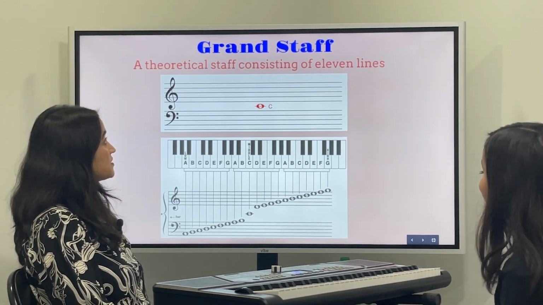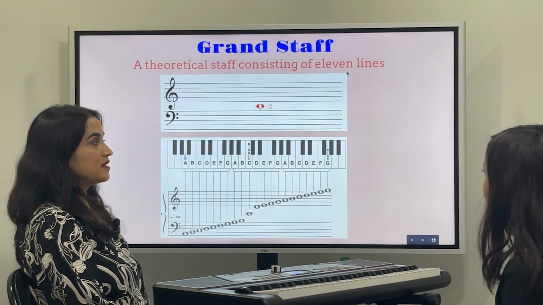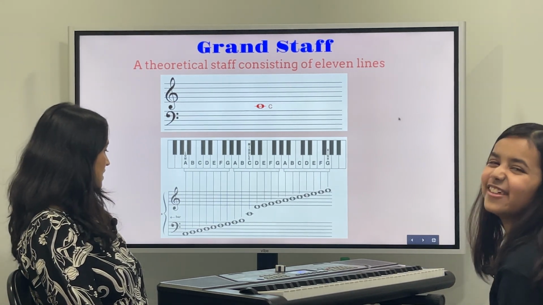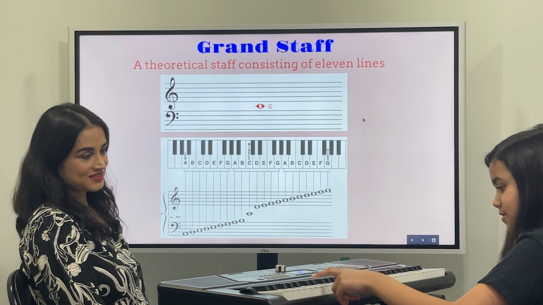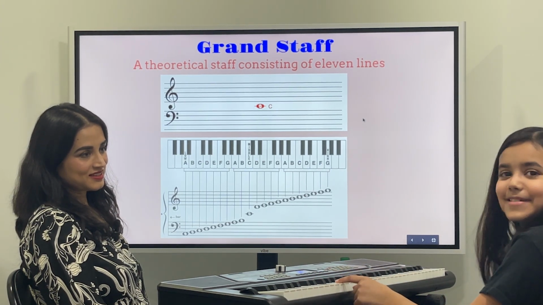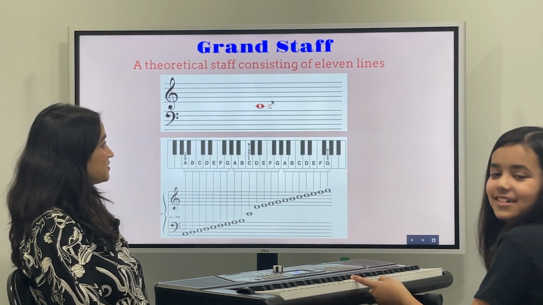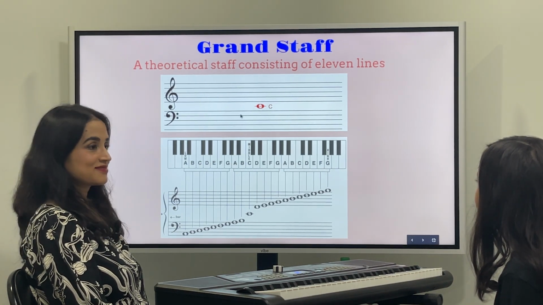That's called the grand staff, a theoretical staff consisting of 11 lines. 1, 2, 3, 4, 5, 6, 7, 8, 9, 10, 11.